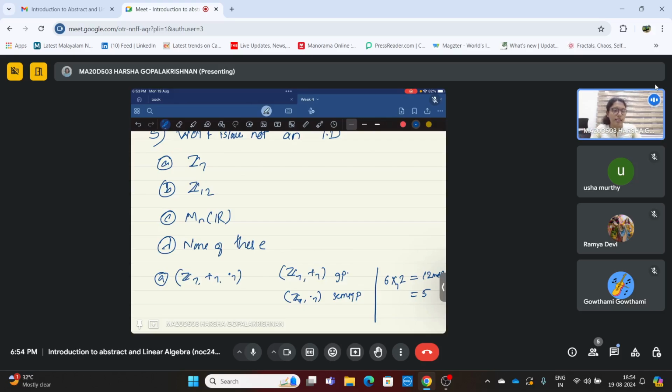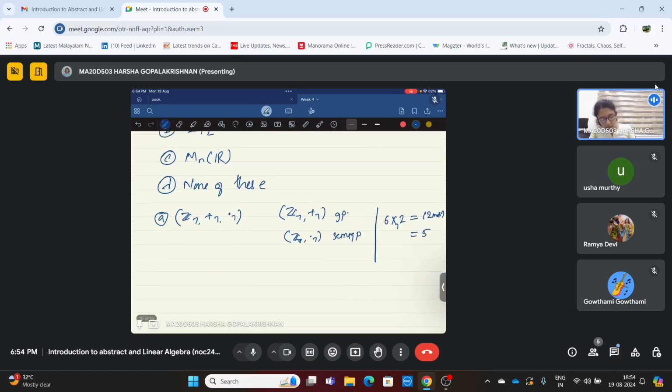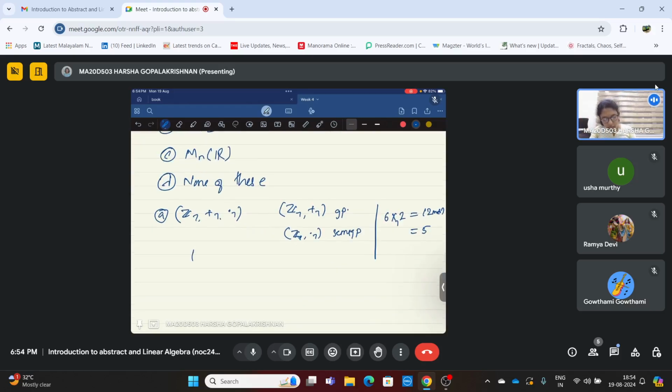Now again in Z7 we have a unity. 1 will be the unity: if I take any element x from Z7, 1 times x will be x. So this forms the unity for multiplication. So we got that Z7 with plus 7 and dot 7 is a commutative ring with unity.